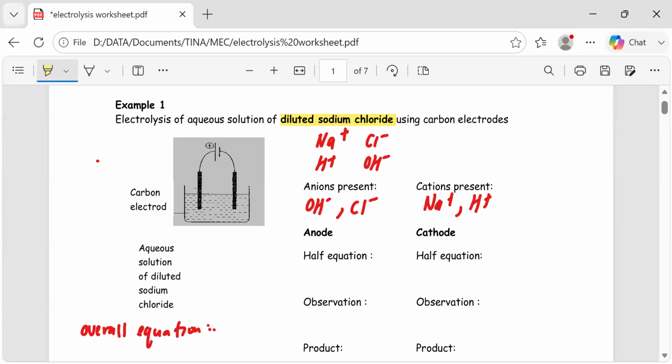Remember, you can use your list. Doesn't matter as long as you know how to do it. Eventually, you need to memorize your list, of course.